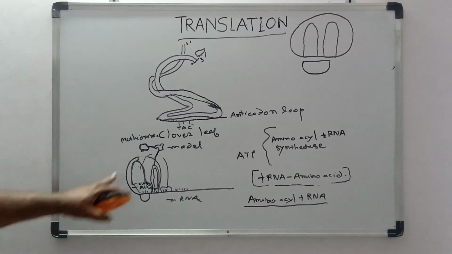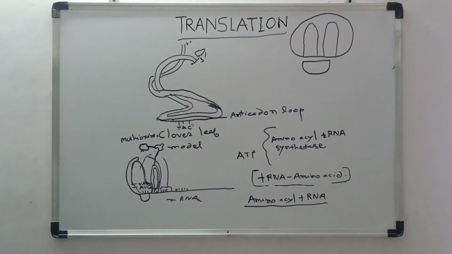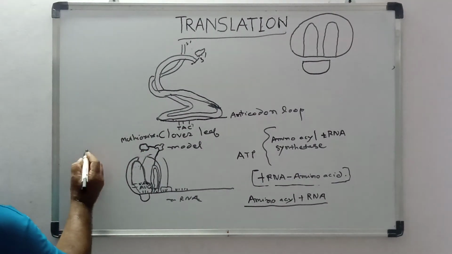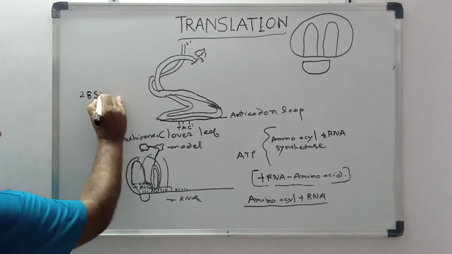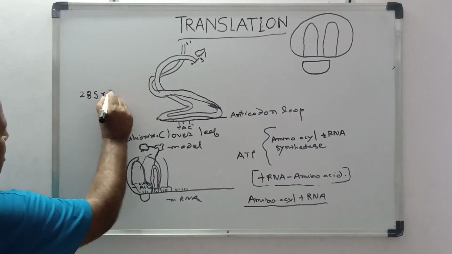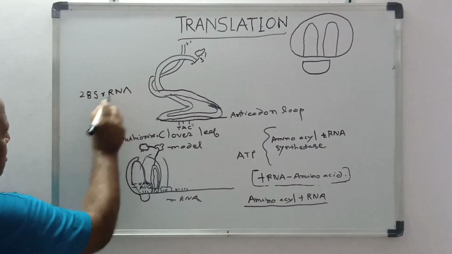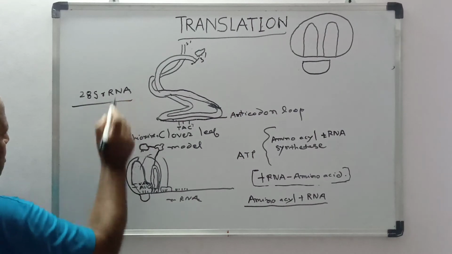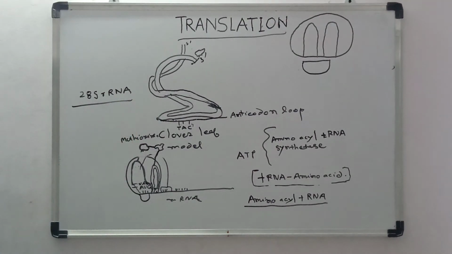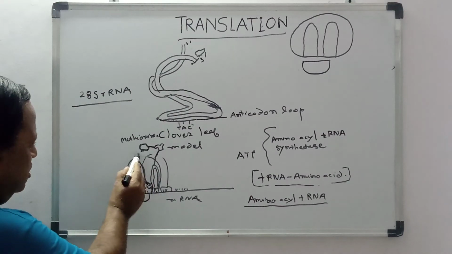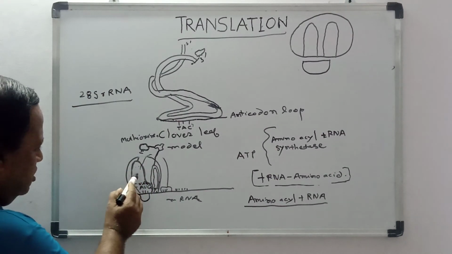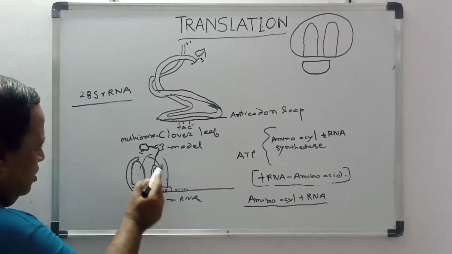The formation of peptide bond is helped by 28S rRNA. This enzyme helps in the formation of this peptide bond. Now, once this link is broken, this RNA comes here.